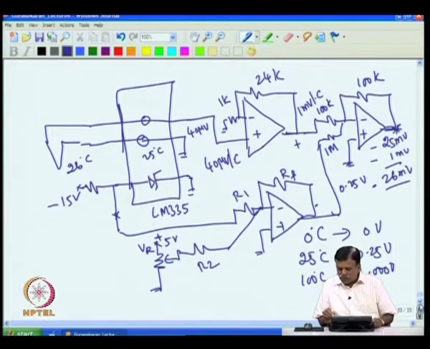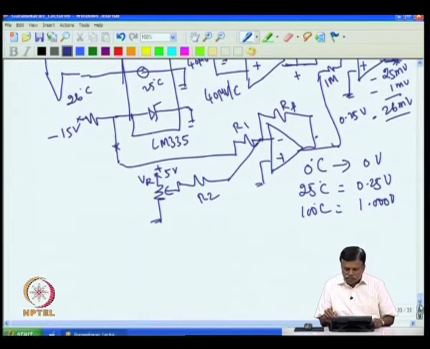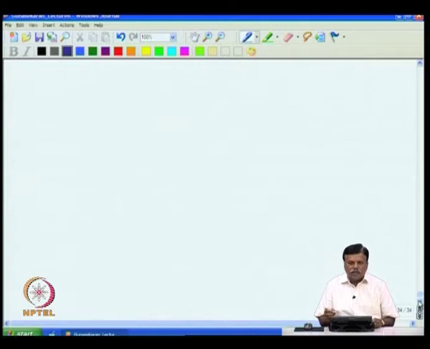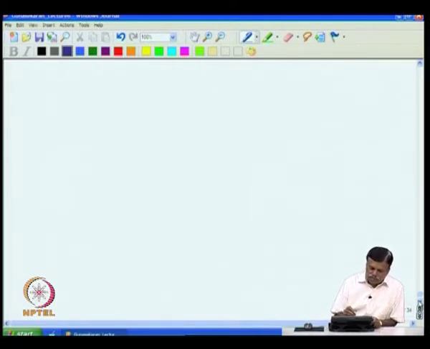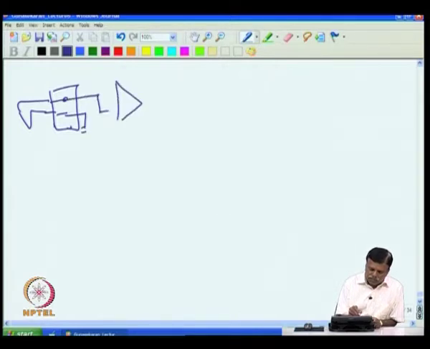So now what we have done is we have got output voltage corresponding to temperature. Now we have to use this for controlling the temperature. So now if I see the whole circuit, it looks like this. If I draw it now, for example, I take this, then I put the block for terminating the junction, then I put the amplifier here to amplify the thermocouple voltage.